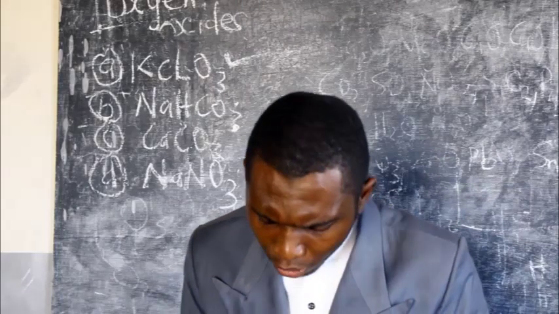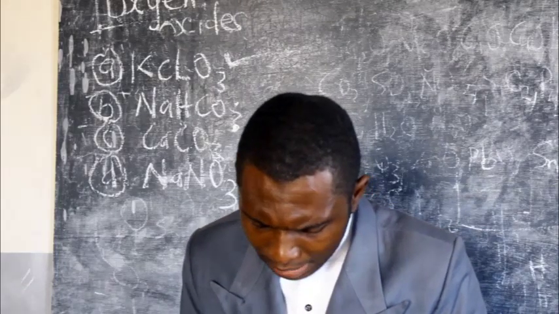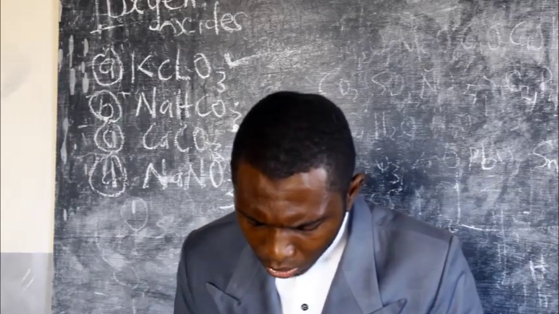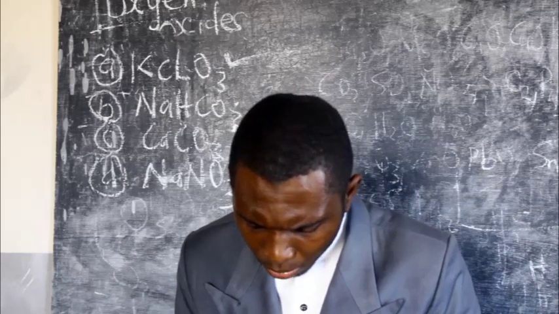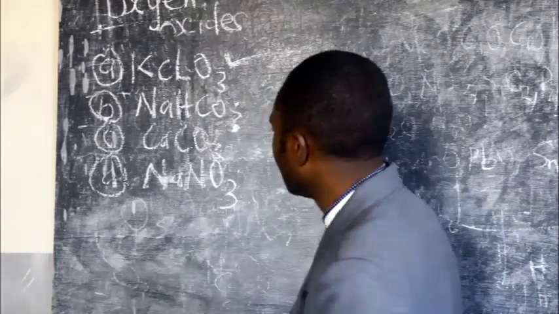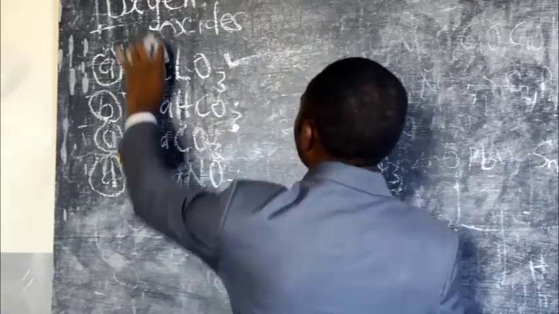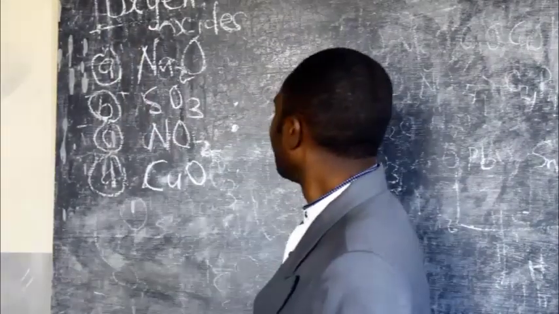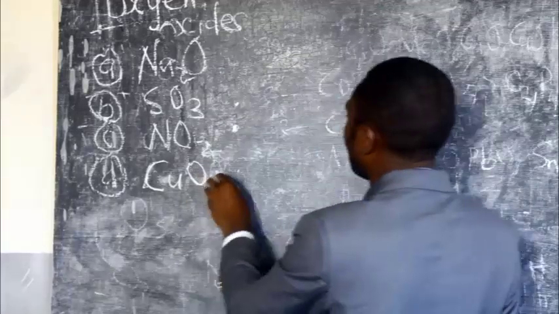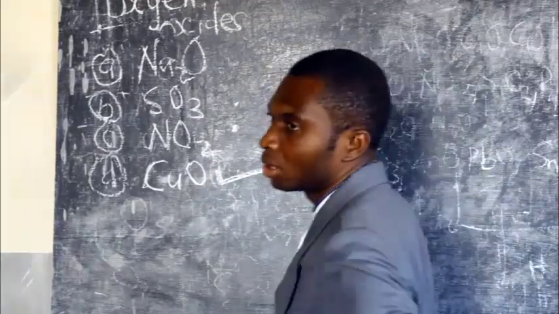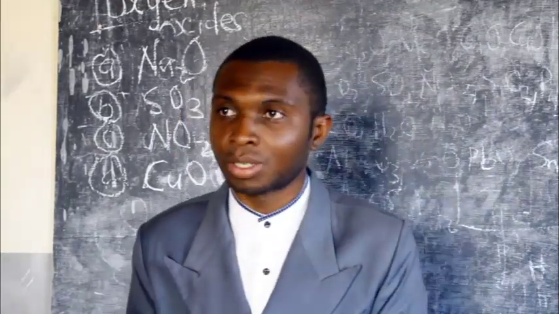Next question. The following oxides react with water except... Let me give you the options. The one that does not react with water is copper oxide. And that is that on oxygen, please.